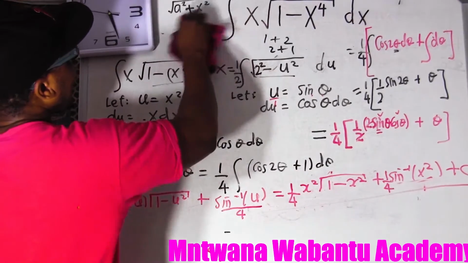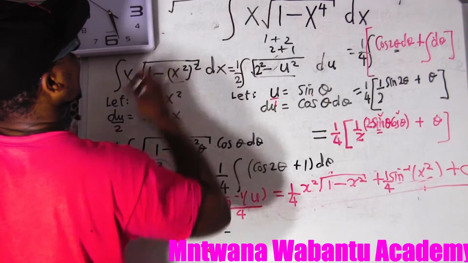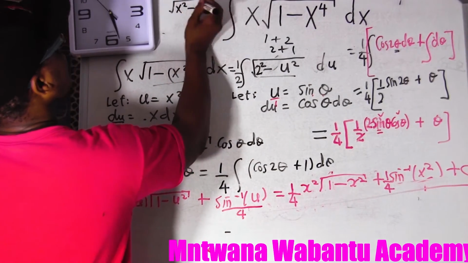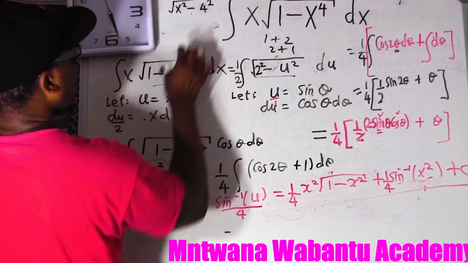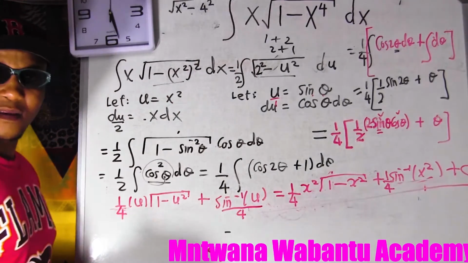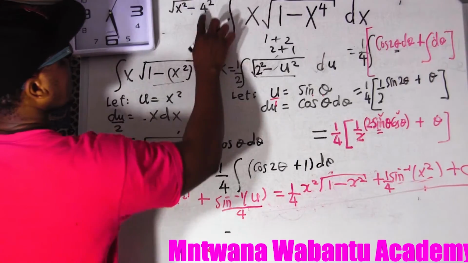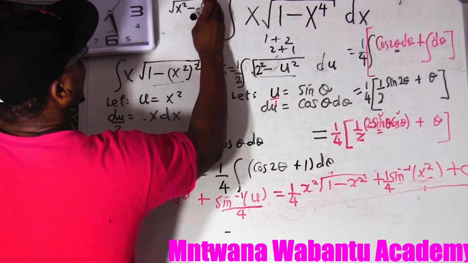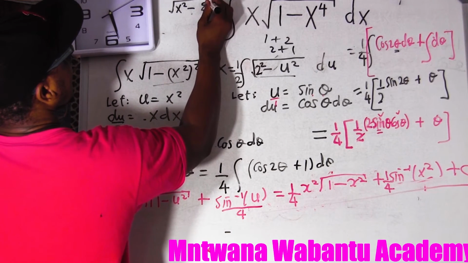What happens if you start with the variable? For example, x squared minus 16. 16 means 4 squared, so you have to look at this format. If you start with the variable minus a number squared, it's sec. Let's say 64, which is 8 squared.